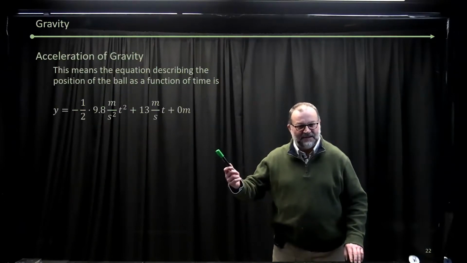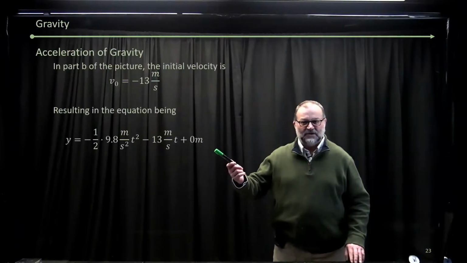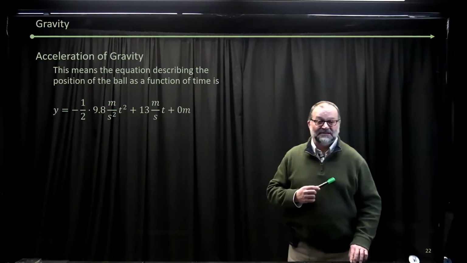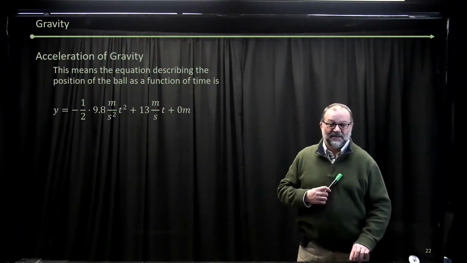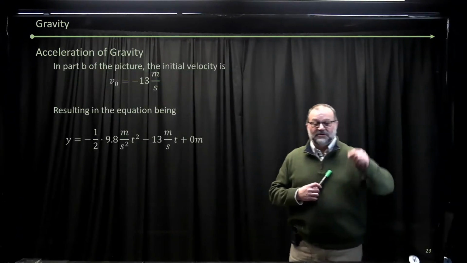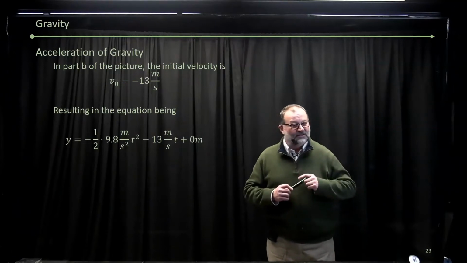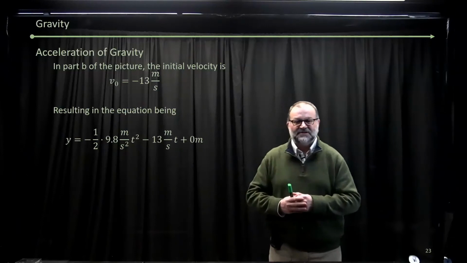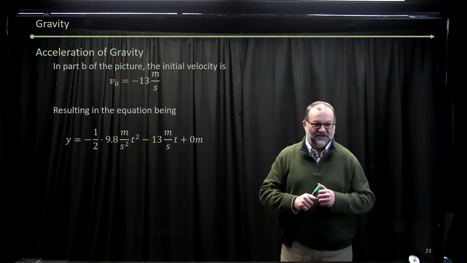We simply stick them into the equation: minus 1/2 times 9.8 meters per second squared times t squared, plus 13 meters per second times t, plus 0 meters. In the situation where he's throwing it down, the only change is to the initial velocity. Instead of plus 13 meters per second, it's minus 13 meters per second.